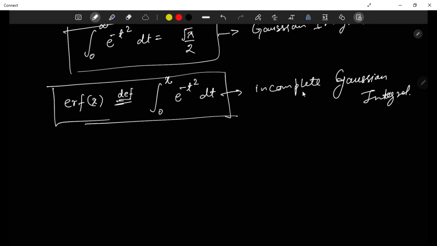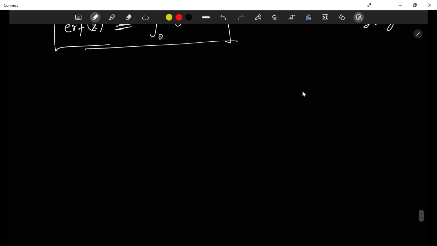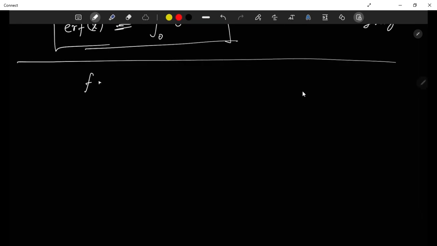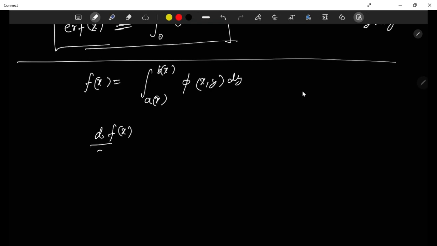Now let me tell you one more thing before going into the properties of this error function. We will look at how to differentiate a function which is written in terms of integral representation. So suppose a function f of x is written like a of x to b of x, phi of x comma y dy, and you are asked to calculate its derivative.